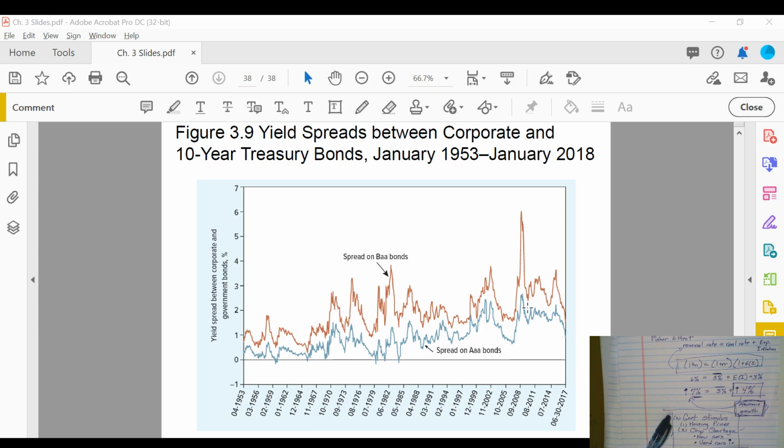And all you have to do is think of COVID and think about what's happened to the default risk associated with companies who had to completely shut down. The default risk has increased, so their ability to borrow has become much more costly.